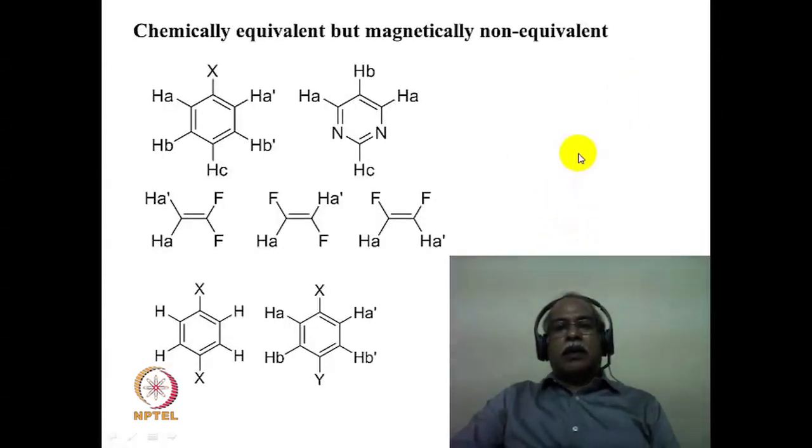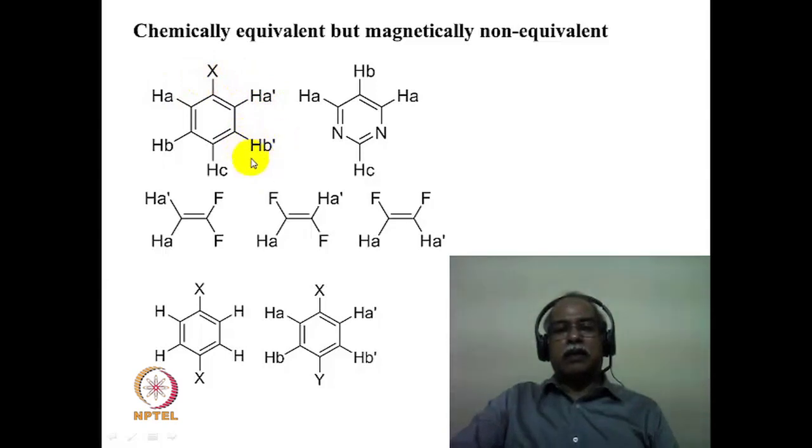Now let us define what is chemically equivalent but magnetically non-equivalent. Let us say, for example, a monosubstituted derivative is what we are talking about. We want to assign whether these two hydrogens, which are chemically equivalent, that is the two ortho hydrogens, are also magnetically equivalent or not. In order to define the magnetic equivalence, you compare with another magnetically active nucleus.